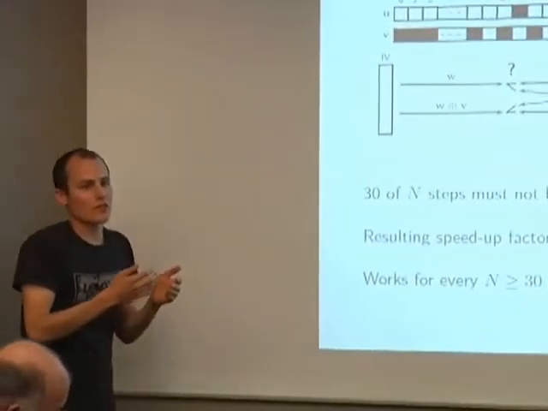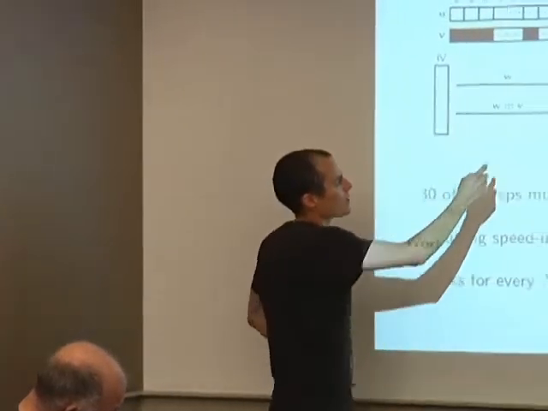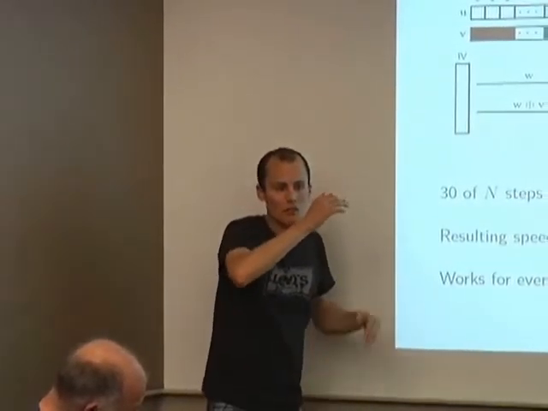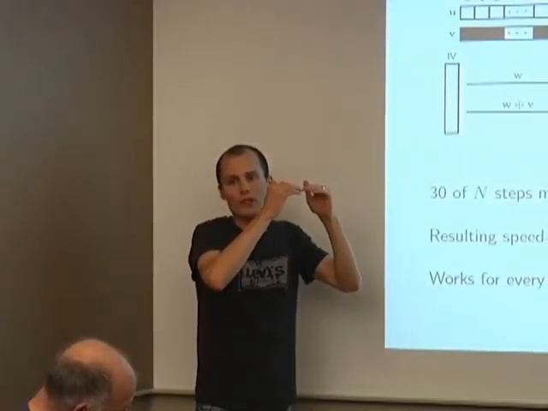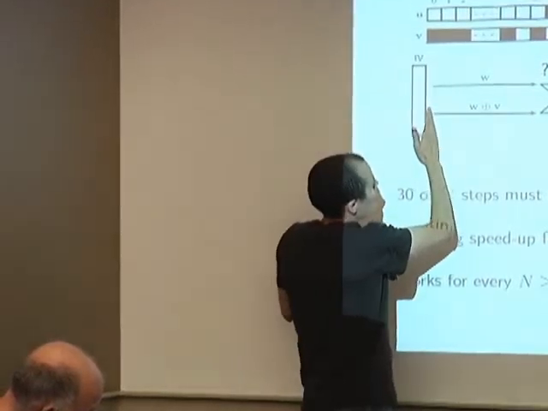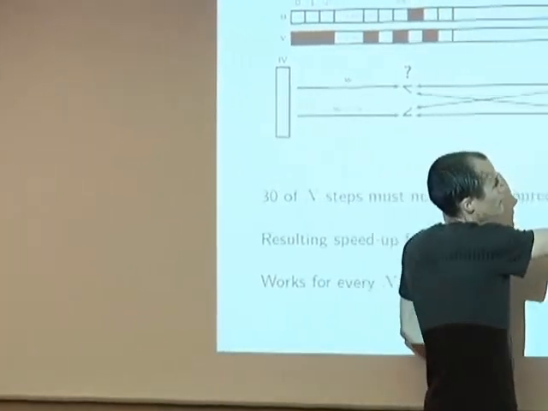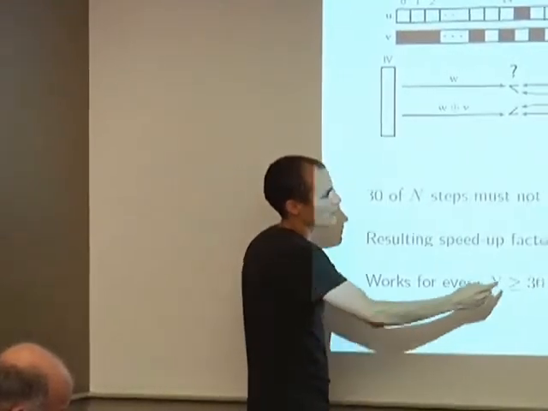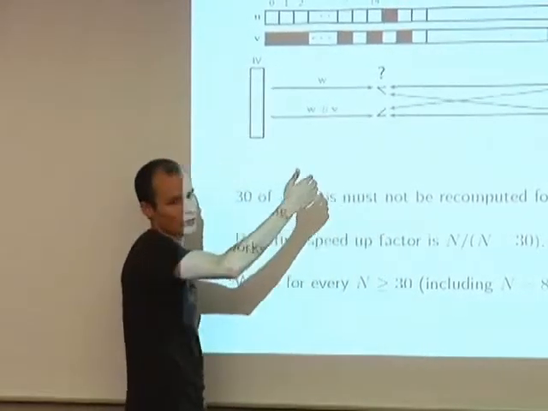But this means that we somewhat lose the meet-in-the-middle idea, because these computations in the middle we have to do for every combination that we try. But for most of the messages that we test, we don't have to repeat these steps. And this gives us a speed-up factor of this, if n is the total number of rounds.